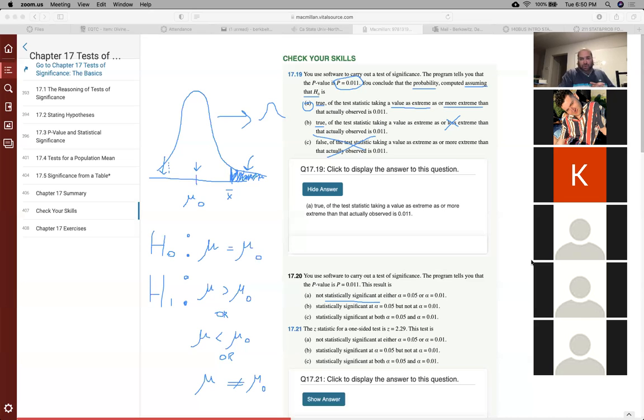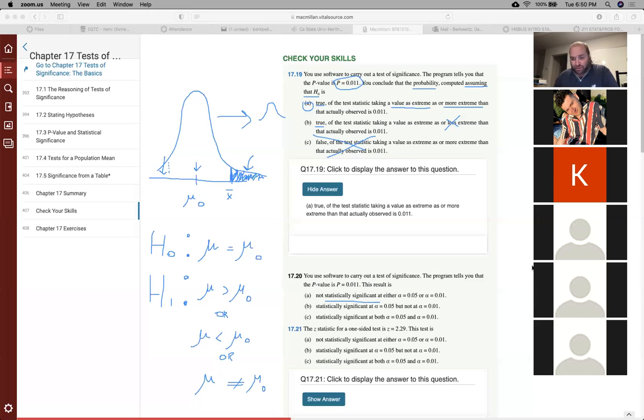So an alpha of 0.05, someone asks, is the alpha of 0.05 the same as 95%? Not exactly, but there's a connection. A 95% confidence level would sort of correspond to an alpha of 0.05. So there is a connection there that we'll get into later. High p-value, don't reject. Low p-value, reject.